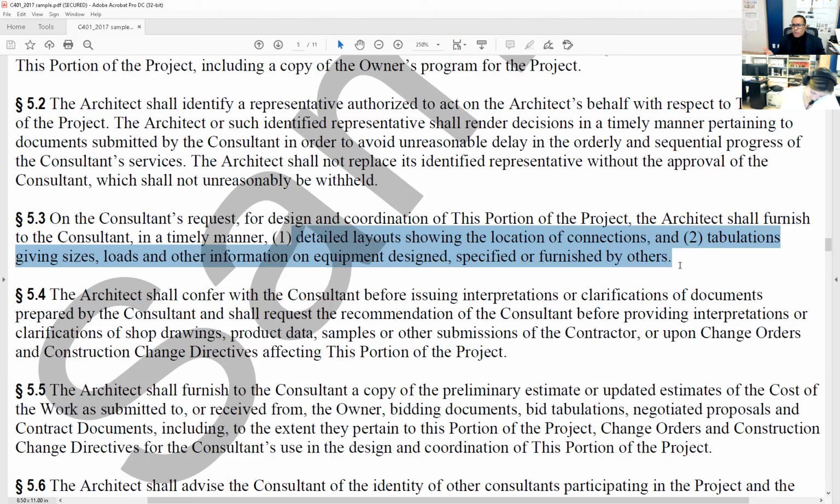If it is an electrical engineer, it may be that we're going to have an elevator in this building, or an entire laundry room with a bunch of washing machines and dryers. So they've got to give this information to them. I remember working on a project that was 270 units in Salisbury.